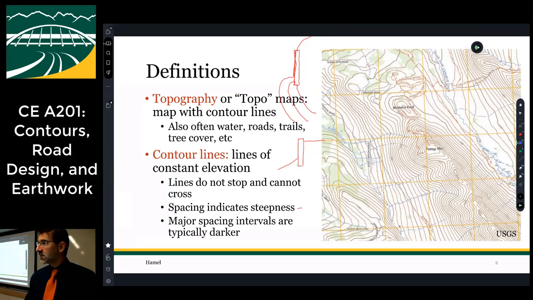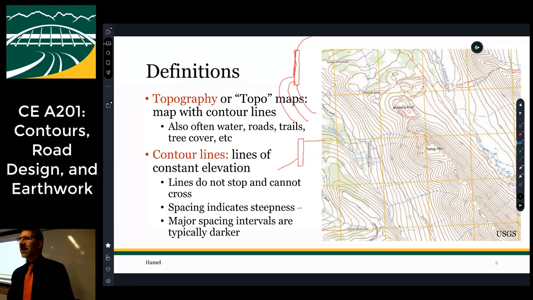I always joke, what does the contour map of Florida look like? It's a white sheet of paper, right? If you've ever been to Florida, how many people have been to Florida? Well, that's a lot, actually. It's the flattest state in the world. It's the most ridiculous thing ever. Everywhere you go is just flat.